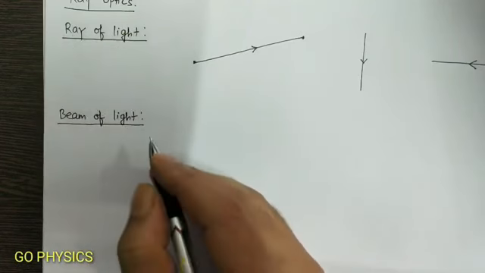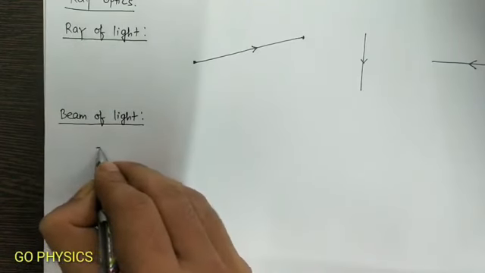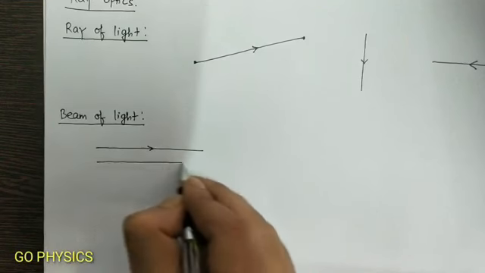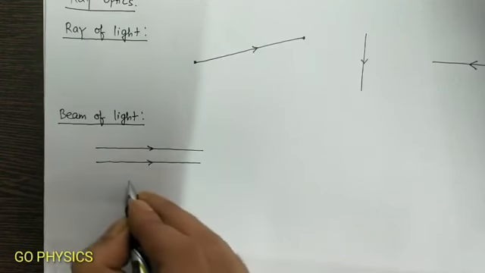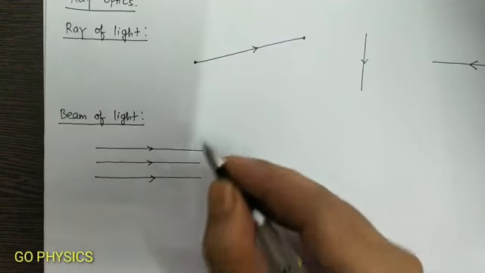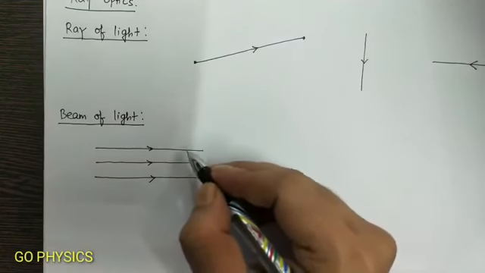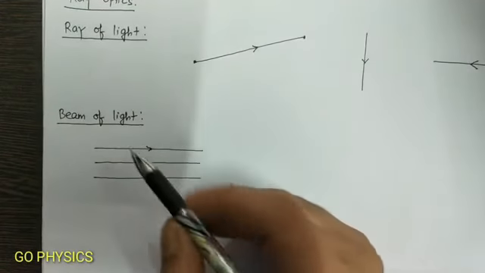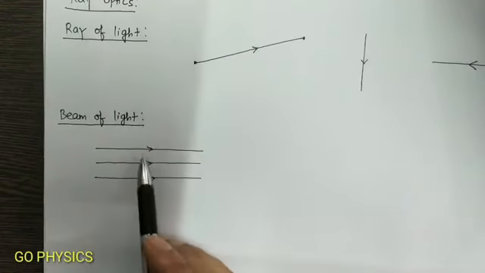For example, here I have considered more than one light ray. So this is a bundle of light rays, or in simple words we will call it a beam of light.